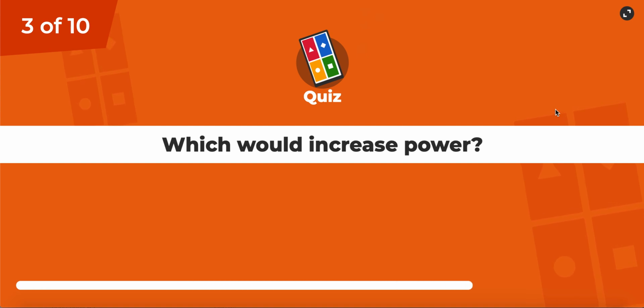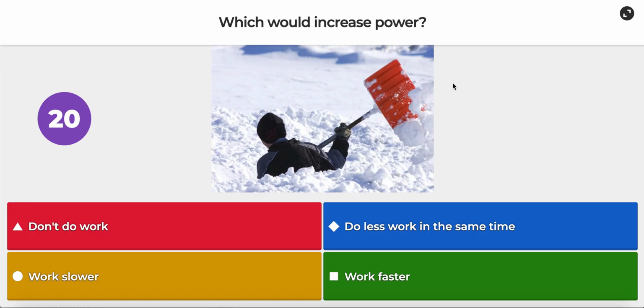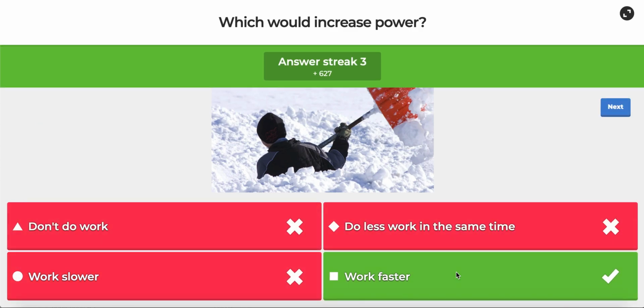Which would increase power? So, power is going to be based on work and the rate that work is done. And so, that means that you need to do more work in the same amount of time, or you need to work faster.